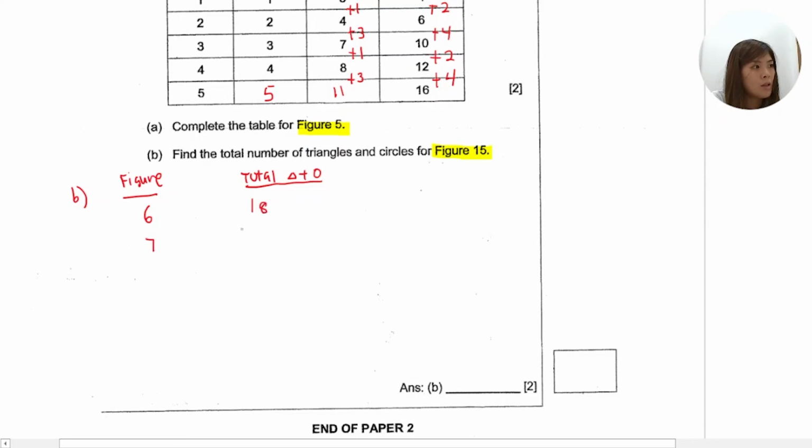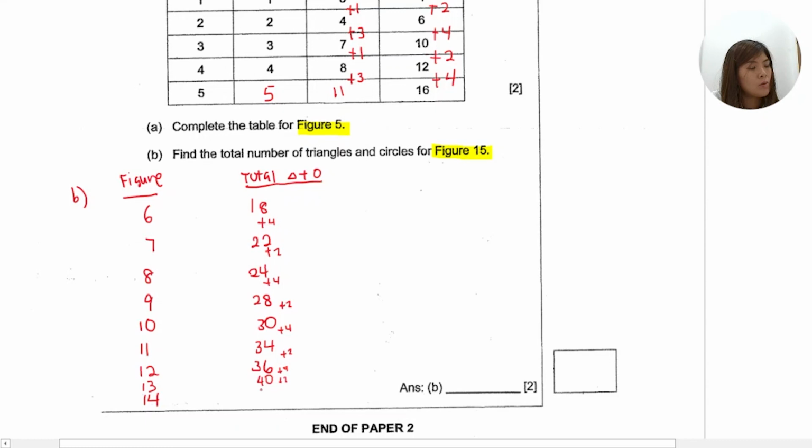Okay, figure 7 you have plus 4, figure 8 plus 2, figure 9 plus 4, figure 10 plus 2, figure 11 plus 4, figure 12 plus 2, figure 13 plus 4, figure 14 plus 2, and then figure 15 plus 4 will be 46.